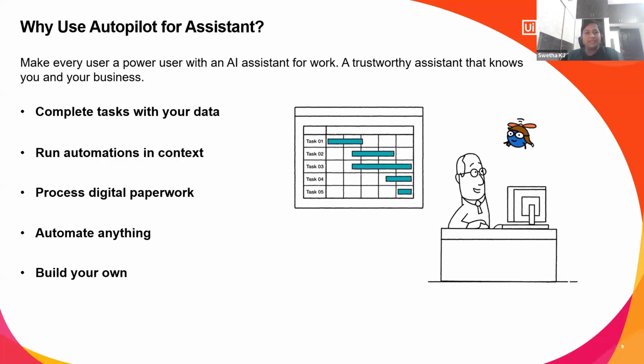UiPath Assistant serves as a command center for automation tasks, allowing users to trigger pre-built workflows. When integrated with Autopilot, Assistant gains the ability to automatically discover new processes that are ripe for automation. This streamlines the process discovery phase, ensuring that no potential automation opportunity is overlooked.